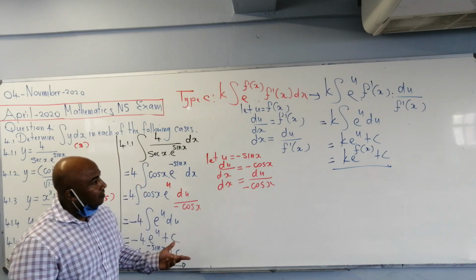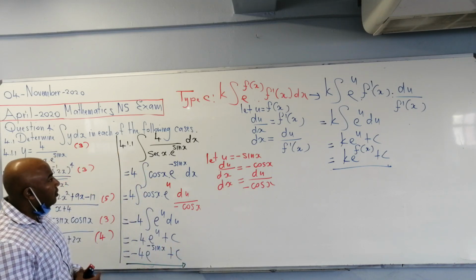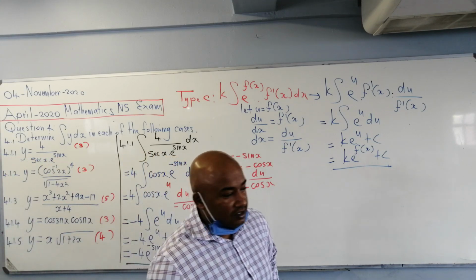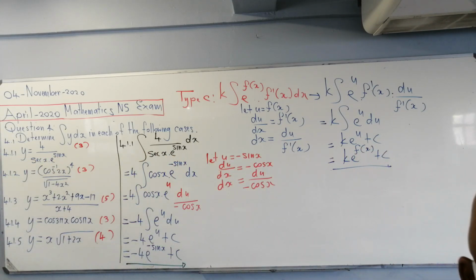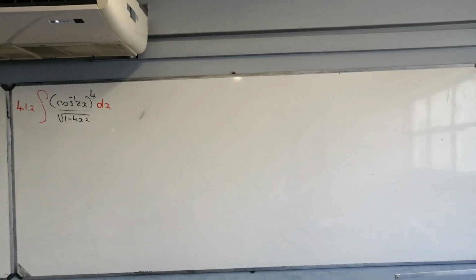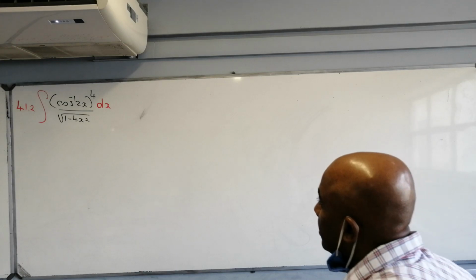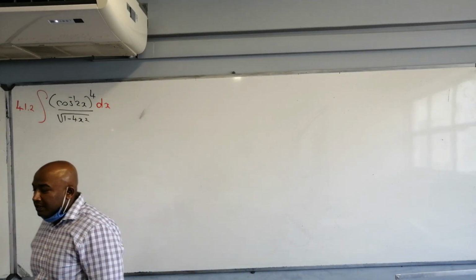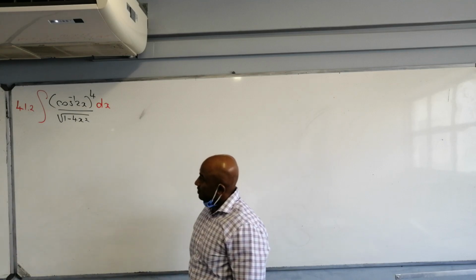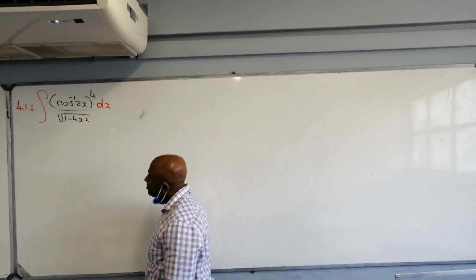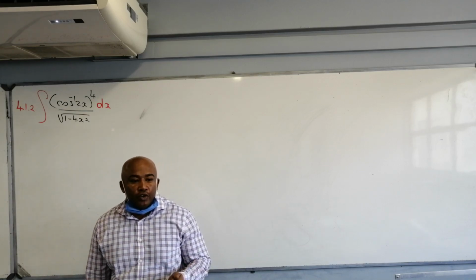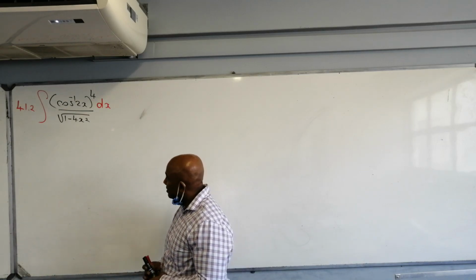Right, so I'm going to deal with the next example now, which is this one. I'm not going to erase the board, it's still up there. Right, 4.1.2. What are we dealing with here? I always encourage you to know your differentiation.